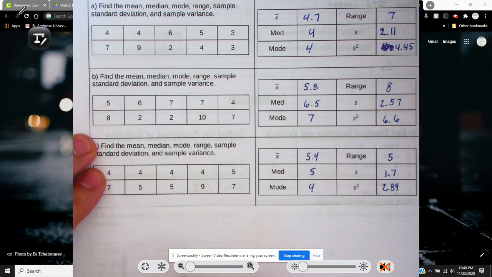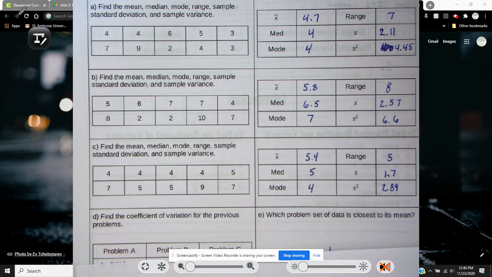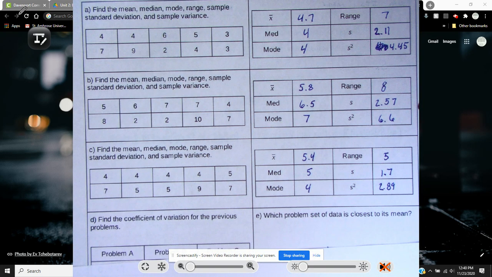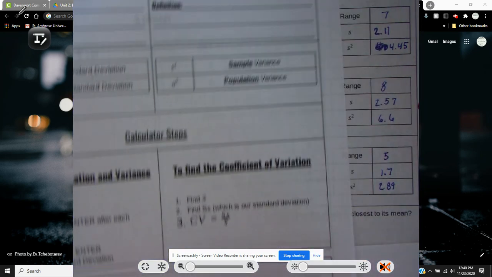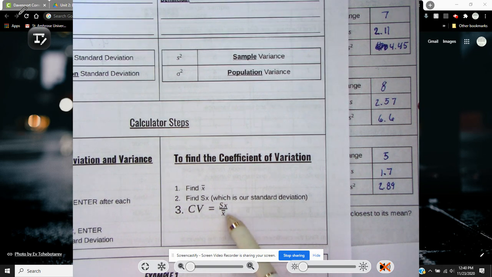Our next question wants us to find the coefficient of variation. As a reminder, the coefficient of variation is our standard deviation divided by our mean.